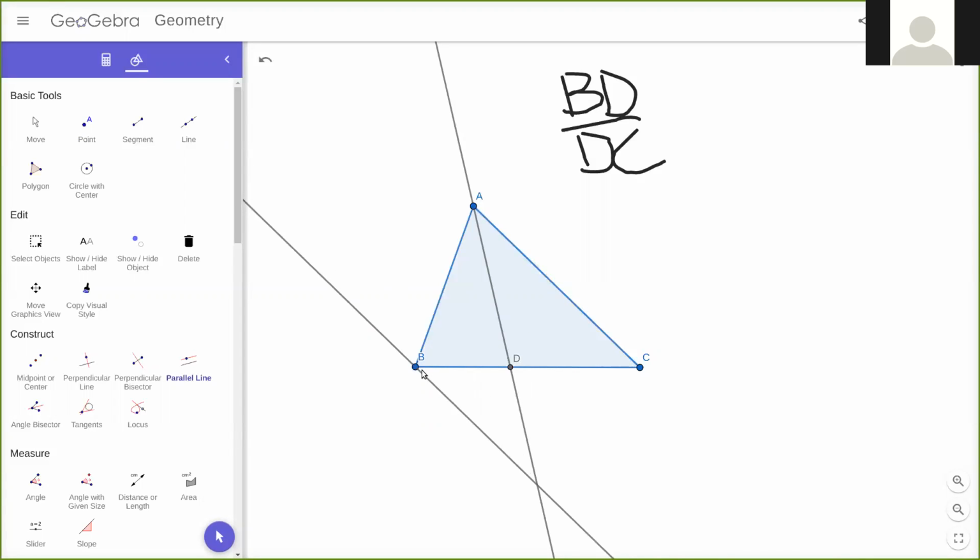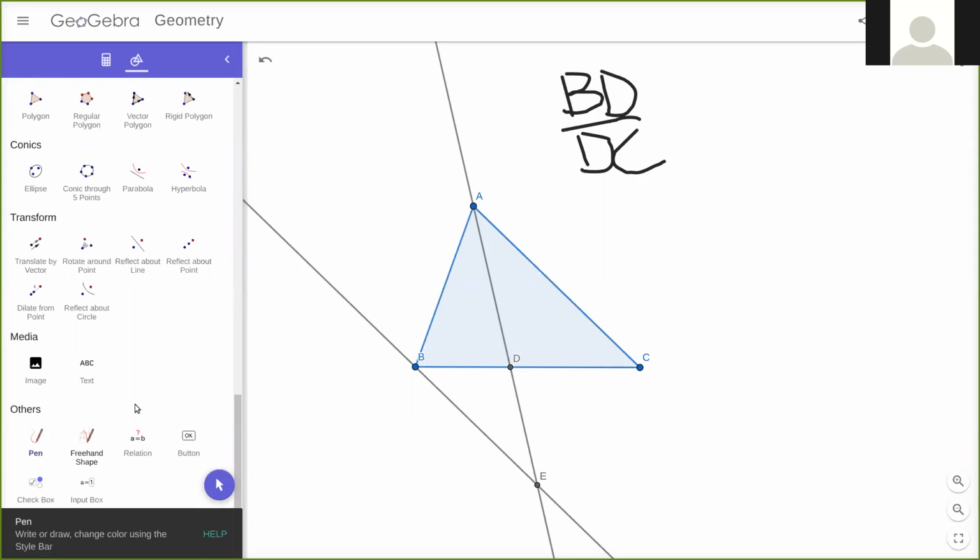So if we create this parallel line, then DC is part of ADC, and BD is part of this triangle right here. BDE is similar to what triangle? CDA. So now we can relate BD over DC in terms of other lengths, because triangle ADC is similar to triangle EDB.